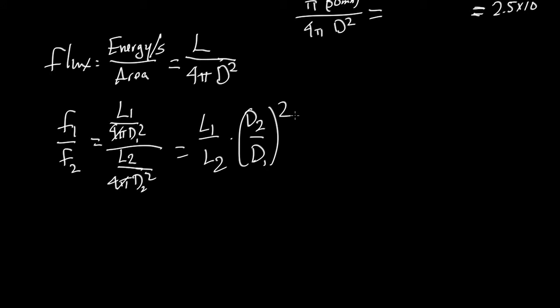Now, if the light bulb, of course, has not changed in brightness, then L1 is equal to L2, and this becomes even simpler. d2 over d1 quantity squared is equal to the ratio of the fluxes. In other words, an object's flux drops as its distance squared.